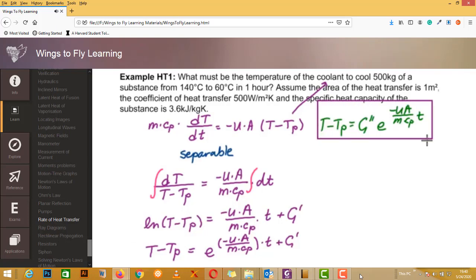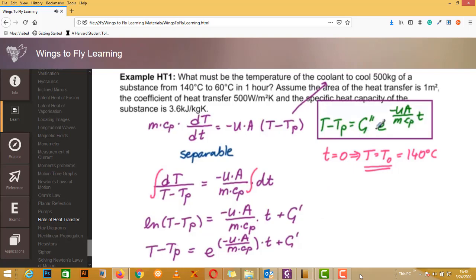And then we're going to put in our initial. Initial means t equal to 0. At t equal to 0, we have temperature is T0, and in our case it is 140 degrees Celsius. Right now we're just going to use this, and when we get to the end, we will put in all of our numbers and check all of our units.